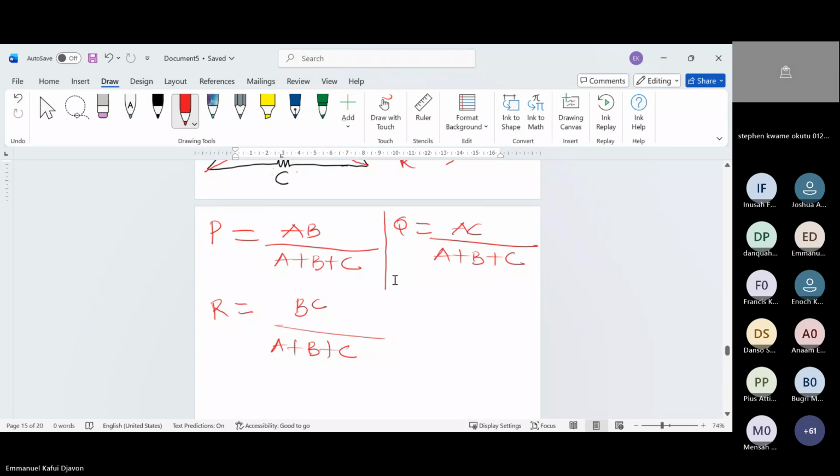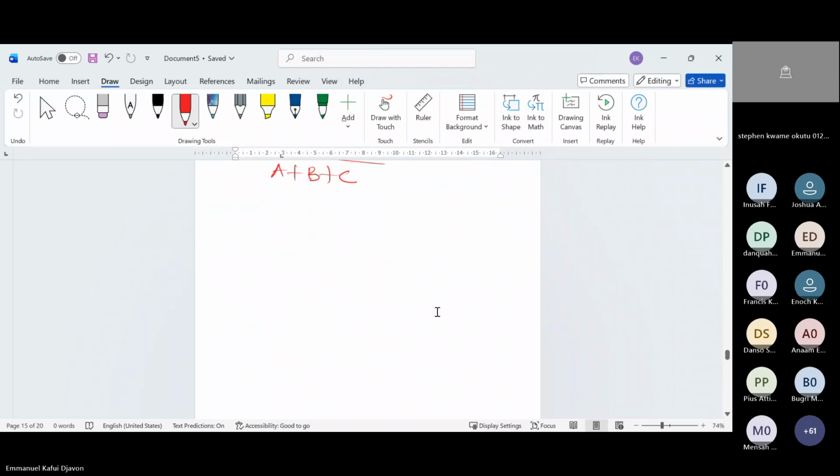Okay. So now, let's try an example. You have a delta network of this manner.